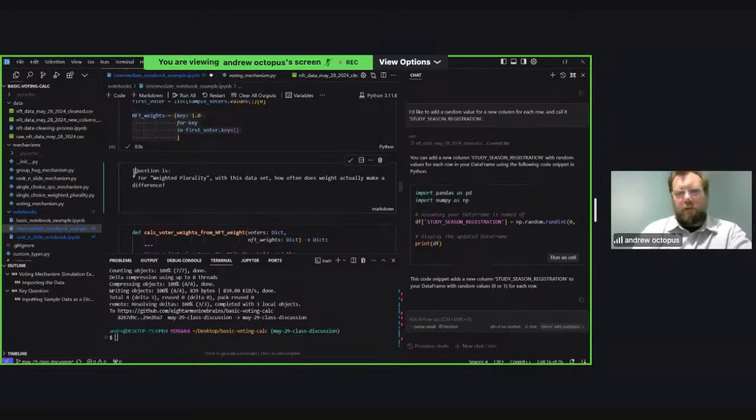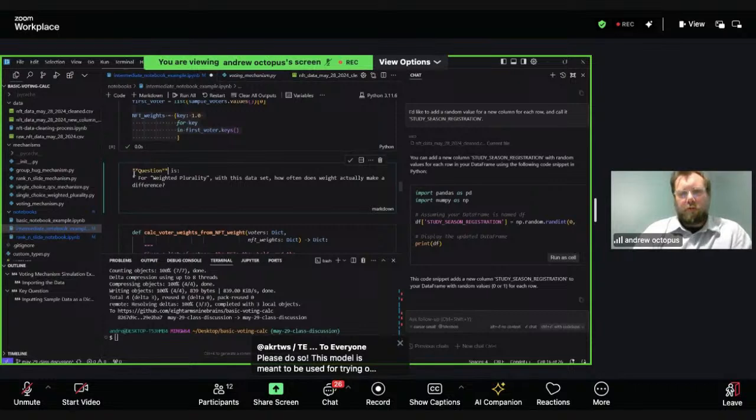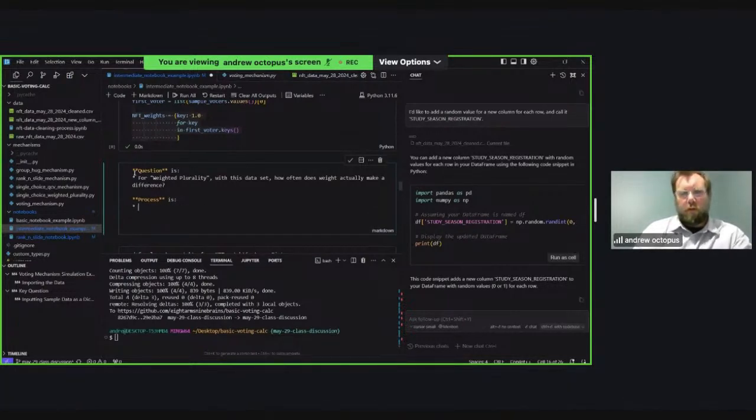And my process for answering that question: I am going to set two different weighting methods, one of which will be equivalent to 1 person, 1 vote. The other will be equivalent to giving a weight of 1 for each NFT.